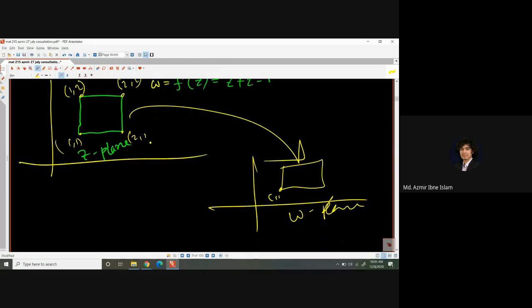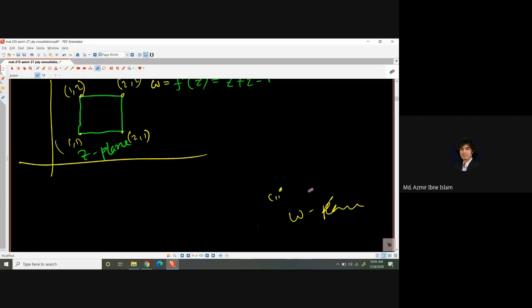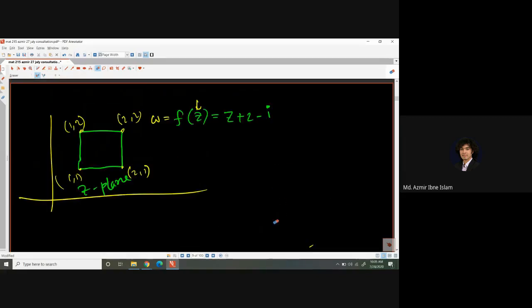Let's have a look at what the mapping will be for this square in the z plane, with these vertices.